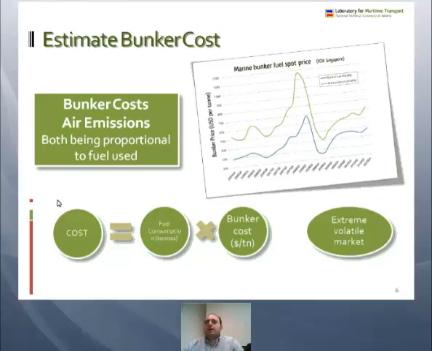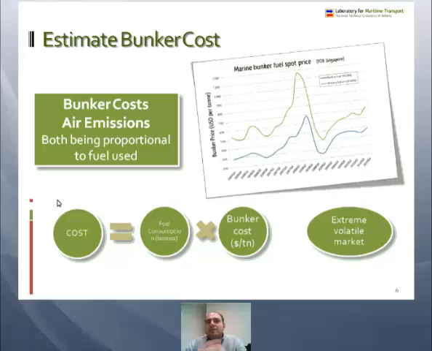And what is extremely important is that both bunker cost and shipping emissions are directly proportional to fuel used, which means that if you save on fuel consumption, you also save on bunker cost and on shipping emissions.